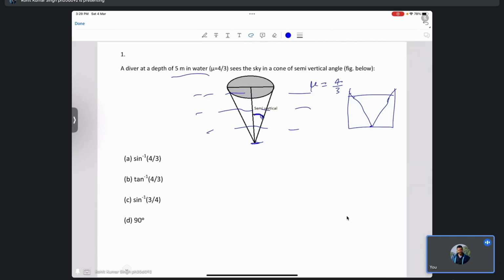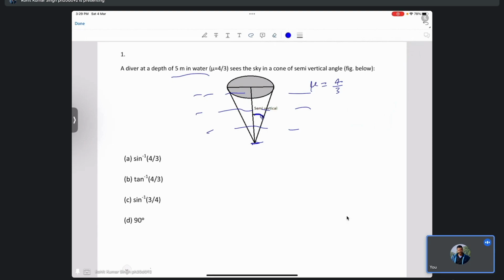The same problem is here, just instead of a light source we have a diver, and I think this is the ocean or something instead of a bucket. But yes, same concept is there.